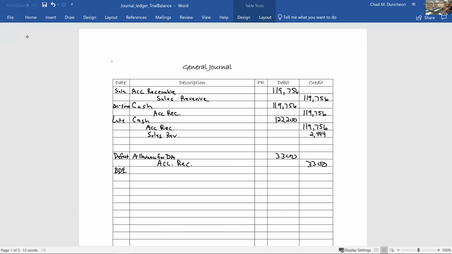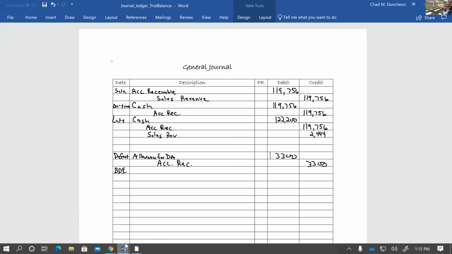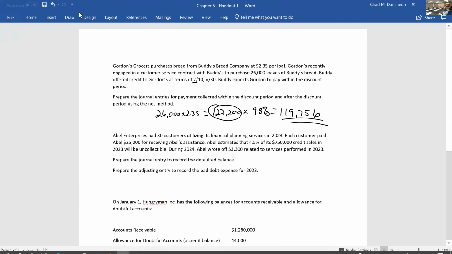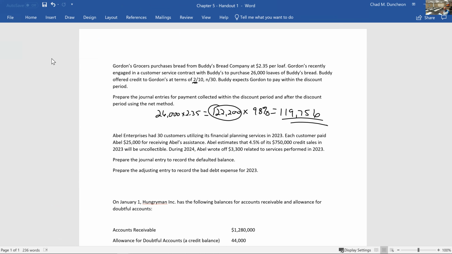Next is going to ask us to record the bad debt expense for the period. Okay, so how do we calculate the bad debt expense when we're using this method? We take the credit sales, 750,000, and we multiply that by 0.045 or 4.5%.